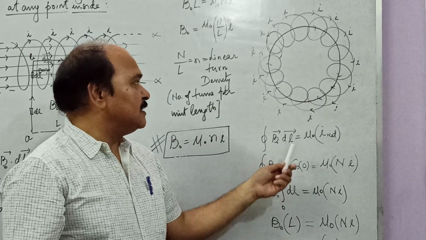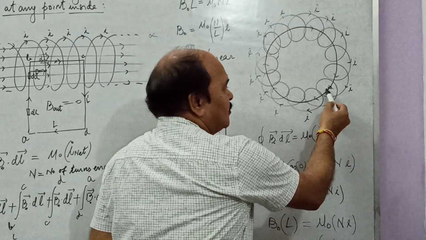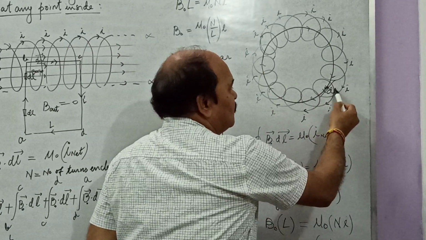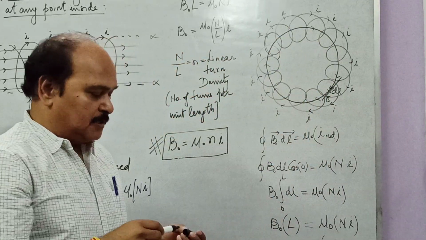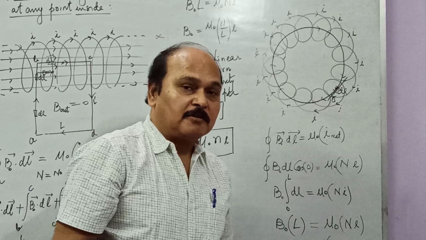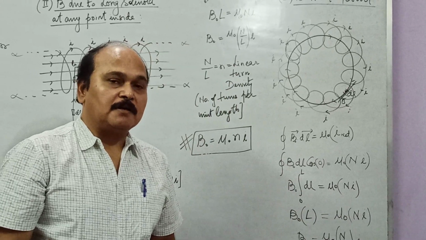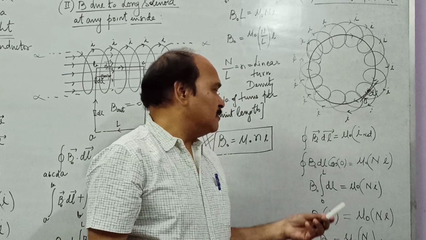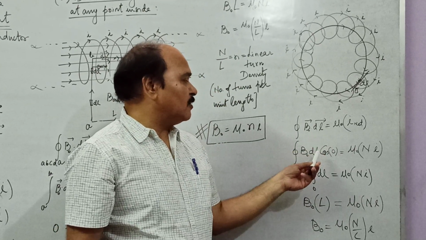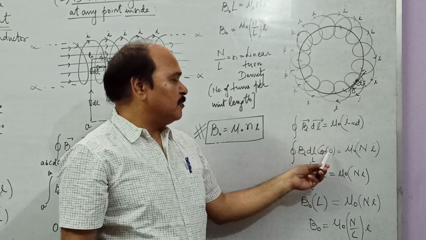Take dl anywhere on this closed path, that dl would be parallel to the magnetic field, because this closed curve is not only the closed curve of Ampere's law, it is also the closed curve of a magnetic line of force. So B and dl are always parallel to each other. Therefore, the angle between them is 0.